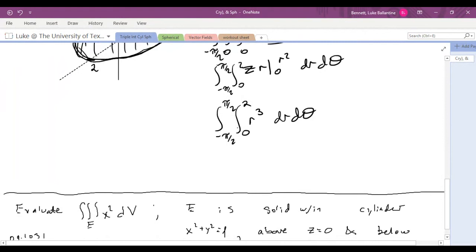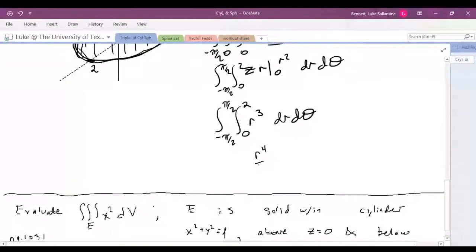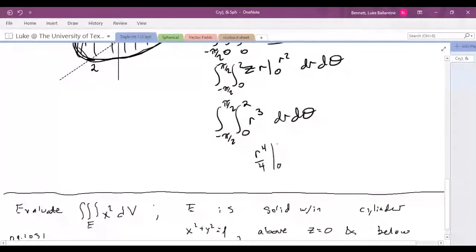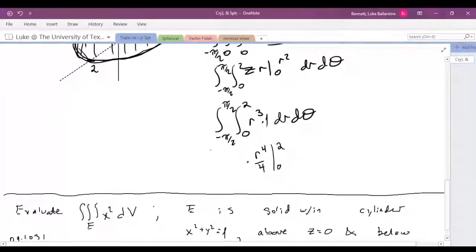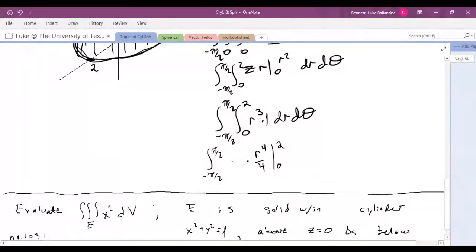Now we add 1 to the exponent and divide by that number. So we do r to the 4th over 4, evaluated from 0 to 2. And then this is two separate functions: r times 1, where 1 is the function of theta. So we multiply this by the integral from negative pi over 2 to pi over 2 d theta.